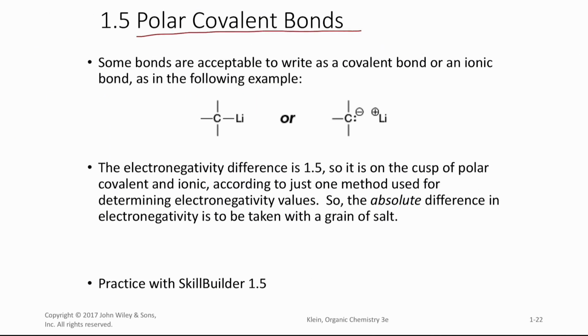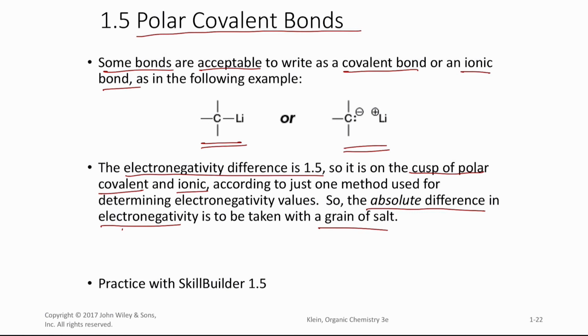Now, for some polar covalent bonds, you can write them as a covalent bond or an ionic bond. For example, carbon lithium can be written as a covalent bond or an ionic bond. The electronegativity difference here is 1.5, so it is on the cusp of polar covalent and ionic. So according to just one method, we use this. The absolute difference in electronegativity we have to take with a grain of salt.